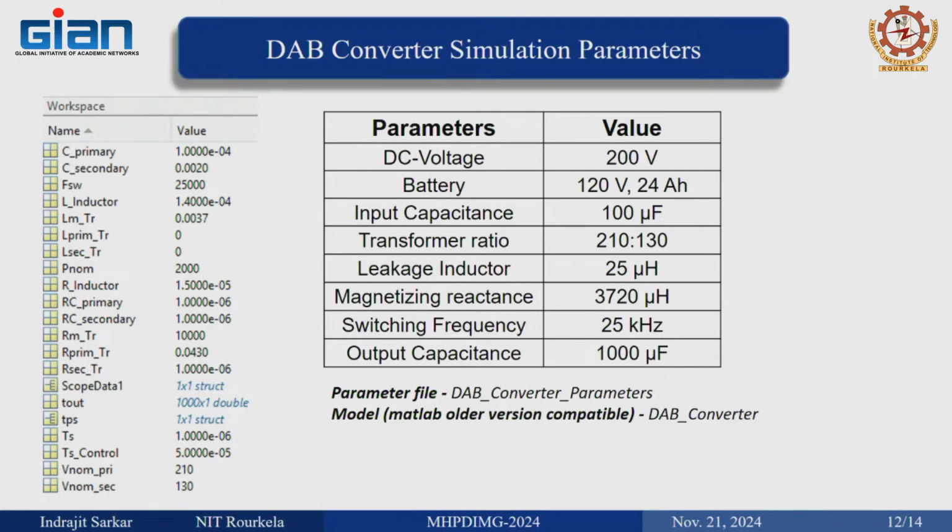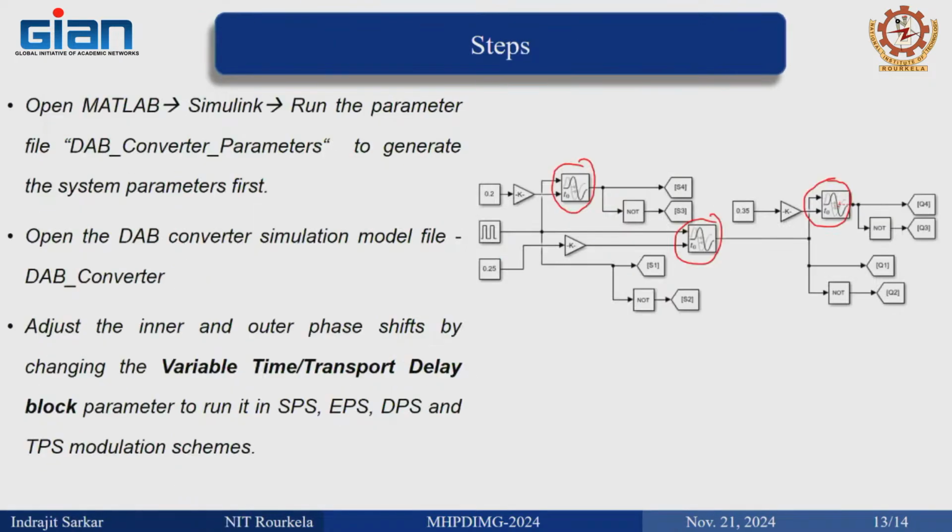Okay. Now, these are the simulation parameters. These simulation parameters are mentioned in the simulation parameter file that will be shared with you, and this is the DAB converter simulation file. There you have the DAB converter where you can control the phase shifts.